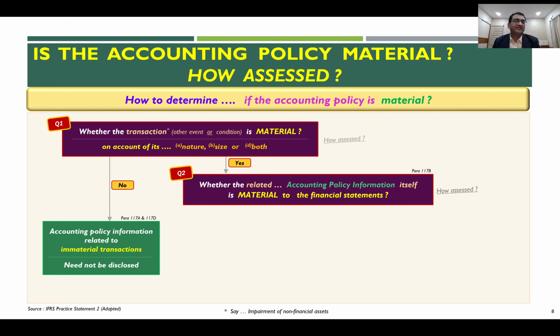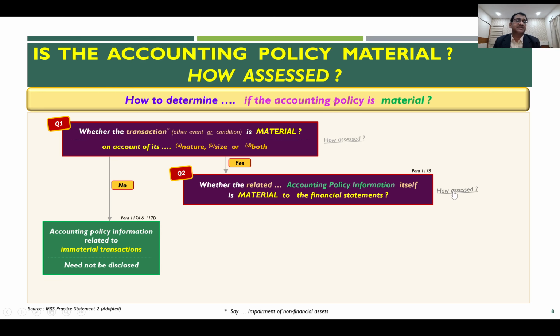How do you assess it? There is again guidance given in the standard: even if the transaction is not material, whether the accounting policy information itself is material to the financial statements. Let us see the circumstances, where the standard gives the guidance.